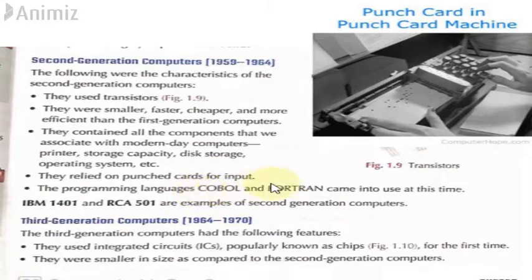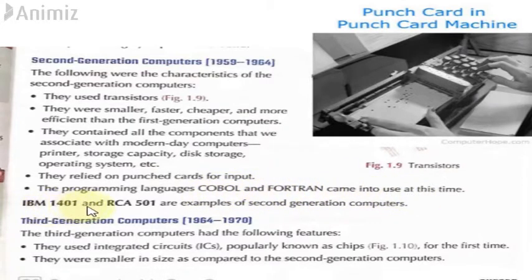They used this language. Then the next one is FORTRAN, short for Formula Translator. It is the oldest high-level programming language, and it is used in applications that require extensive mathematical calculations. These were among the very early computer languages ever created.